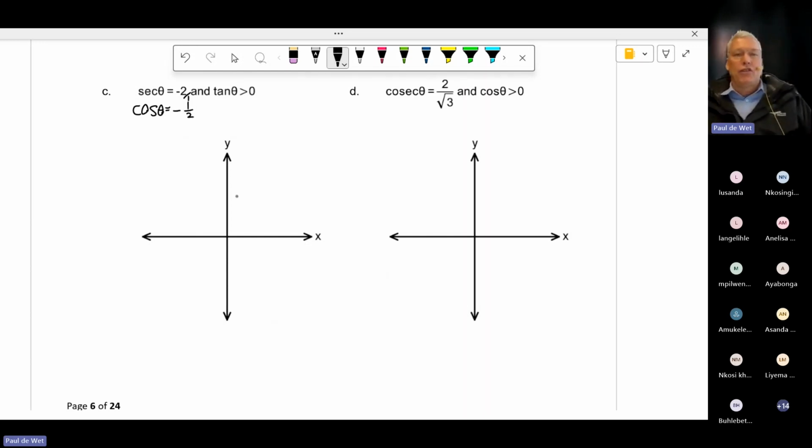I want you to try and finish this one now. In other words, I want you to draw the sketch, label theta, and tell me what is the sine of theta, as well as the upside down of sine, which is called cosec of theta. I want you to tell me what is the cos of theta, as well as the upside down of cos, which is sec of theta.